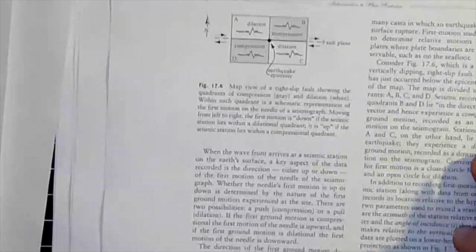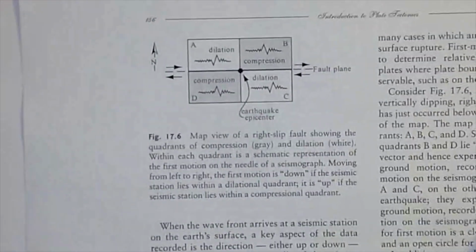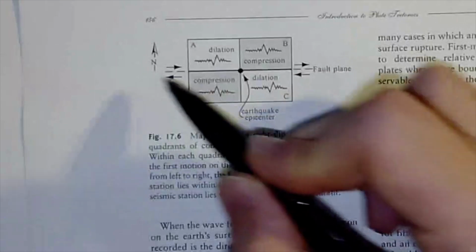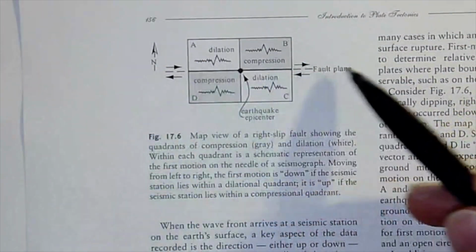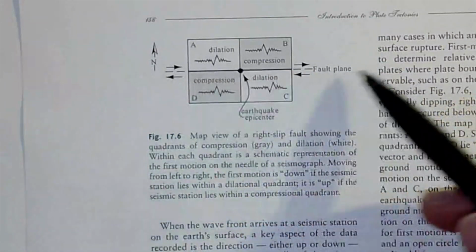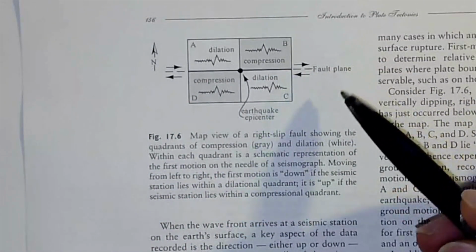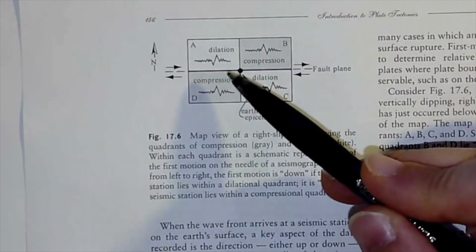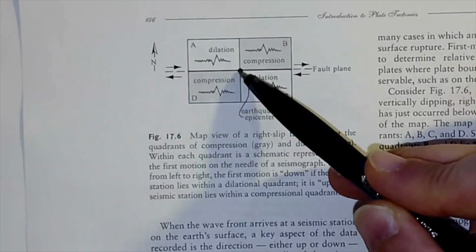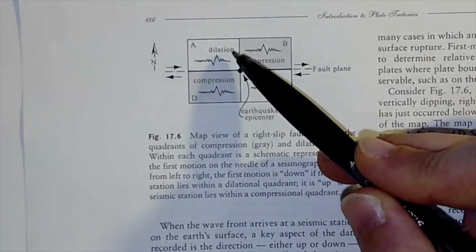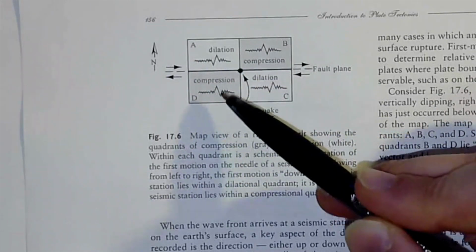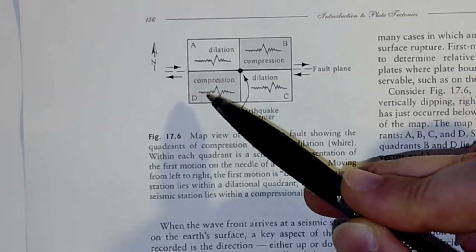So when an earthquake happens, for example, we'll say this is a map view, we've got our north arrow, and there's a fault running east-west, just a vertical strike-slip fault, right lateral. And when an earthquake happens right here at the epicenter, you can imagine that this part of the earth is going to shift right, because it's right lateral. This part will shift the other way.